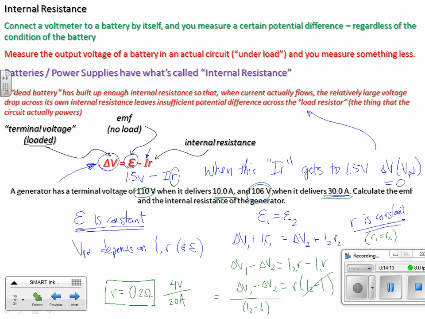Okay? Well, we can take this and plug it into either of these expressions to find E. So we can do 110 plus 10 times 0.2. That's 110 plus 2, or 112. That gives me an EMF of 112 volts.